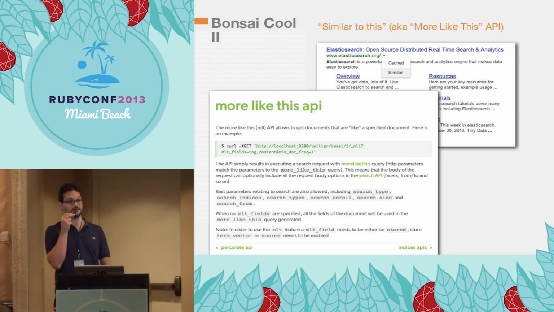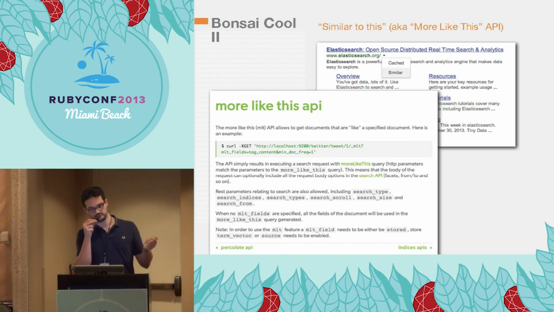There is also an API for that. Basically you tell it, okay, I really like this document, give me something that is similar. You can specify what similar should look like. And again, Elasticsearch will compute the distance from that document to what it has in its database and provide you other documents that are very similar to that.